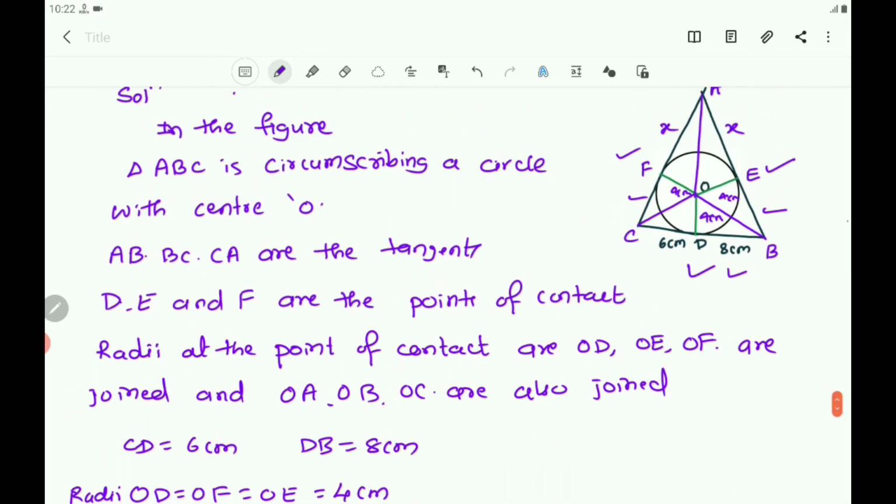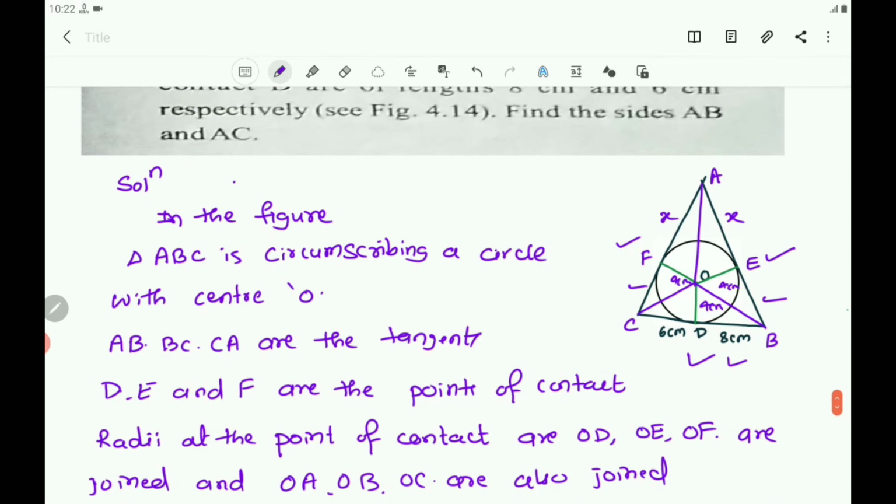Now here we have to use the area of the triangle, and there are two formulas to find the area of the triangle. First, let us use Heron's formula, that is, with the help of the measurement of the sides and semi-perimeter. And by joining OC, OB and OA, we got three triangles, and we get the area of the three triangles in terms of base and height.